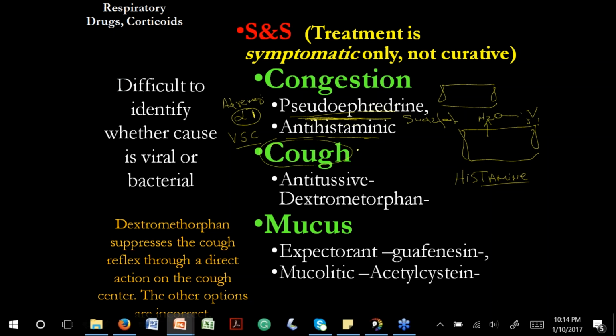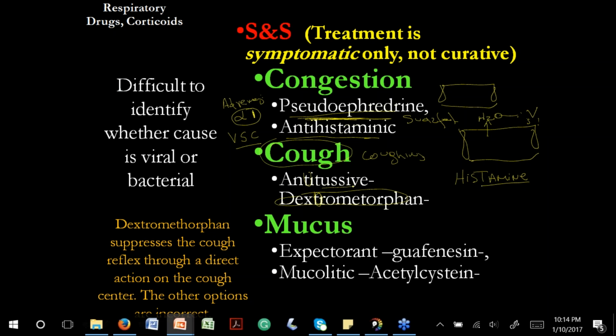Okay. All right, so another sign, we have cough. For cough, we are going to use an antitussive, that is to prevent the coughing, and that is the dextromethorphan, an antitussive, that is going to be used to prevent the cough.